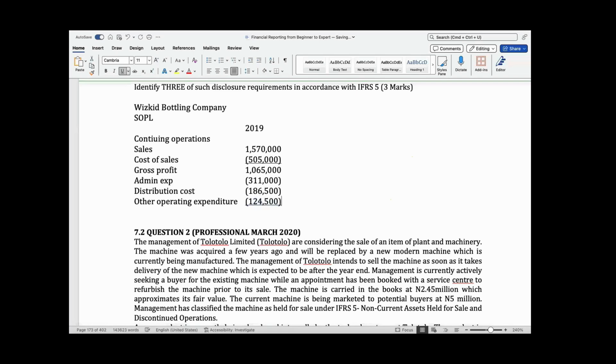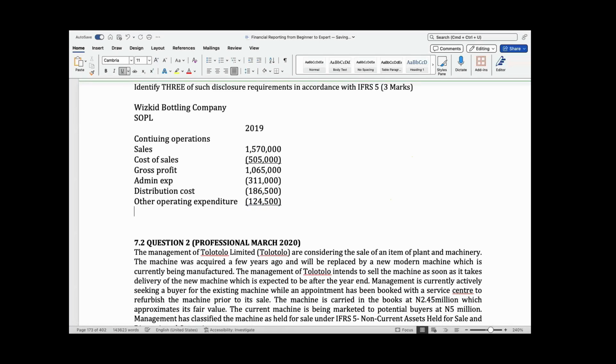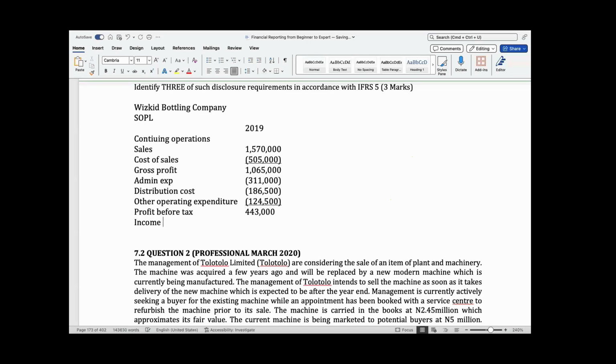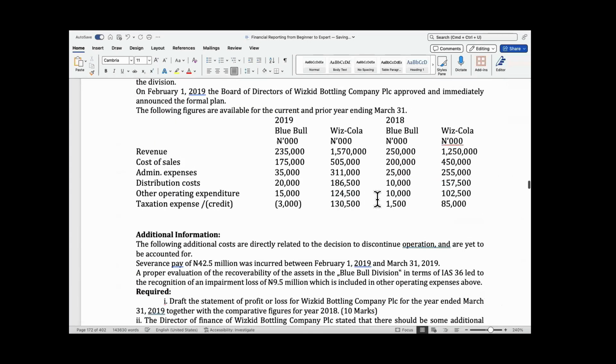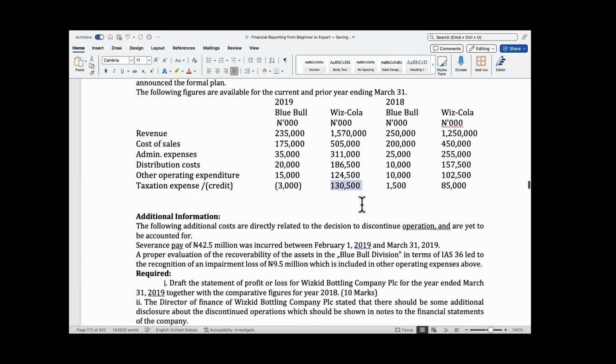Does anybody have a calculator there? So that we can have our PBT. 443,000. Then they gave us our income tax to be how much? 130,500.